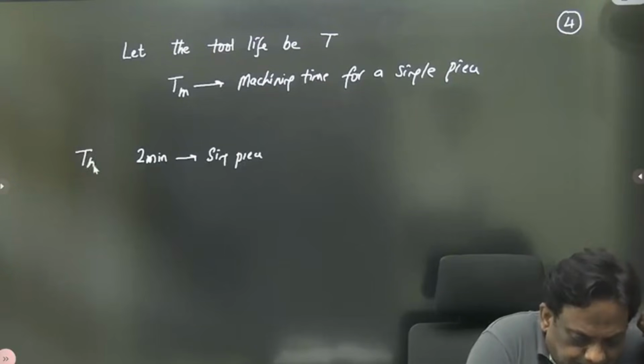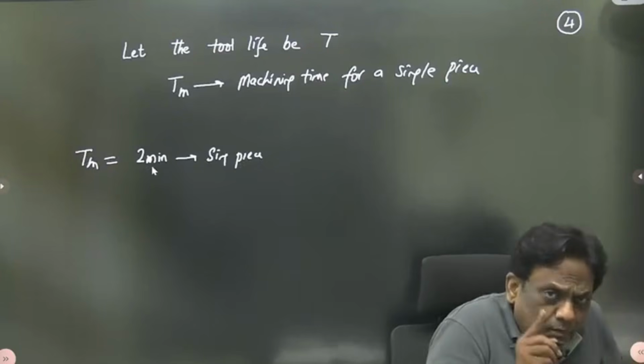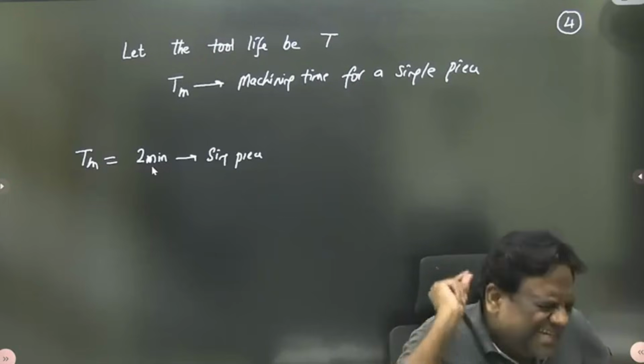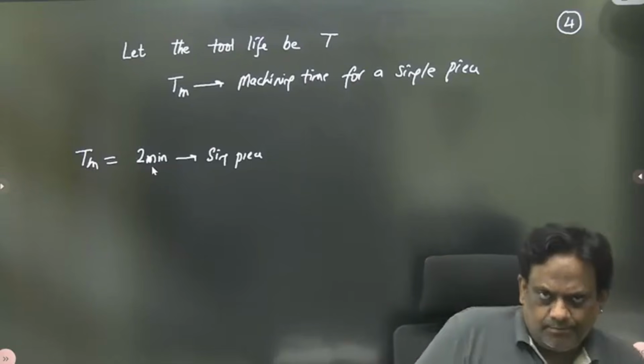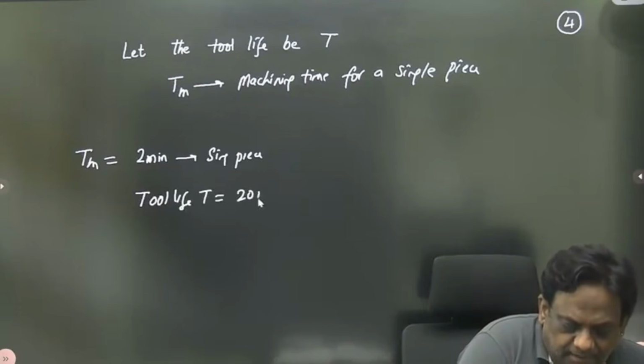Let it be Tm. मतलब in 2 minutes we are manufacturing one piece. That is only machining time. Only machining time is 2 minutes. Let the tool life be 20 minutes.